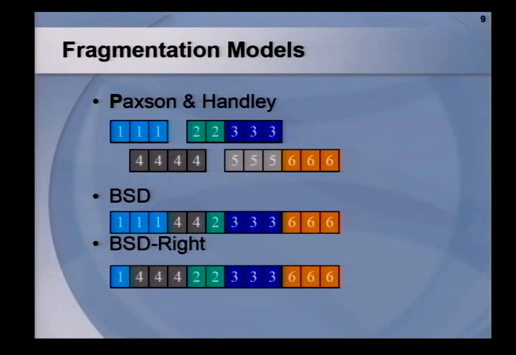So if we look at how BSD handles it, it's very simple. The first packets that come in are accepted, and then additional data is laid on top of that. BSD-right does the same sort of thing, except if a fragment that comes in afterwards contains a gap, they will overwrite where the gap is.